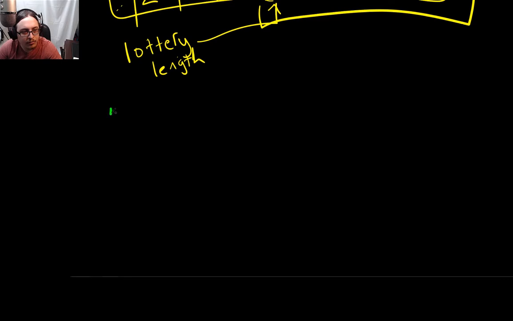So I'm going to show you a different way to initialize an array. We'll make a lottery2, right? And we don't have to set the size because we're going to initialize the values right off the bat.